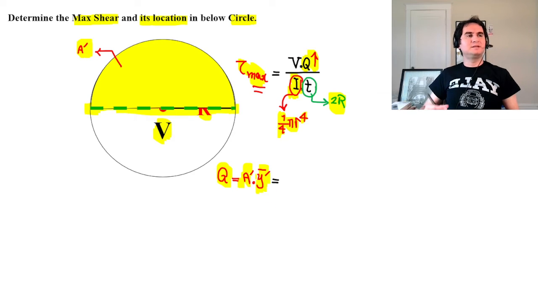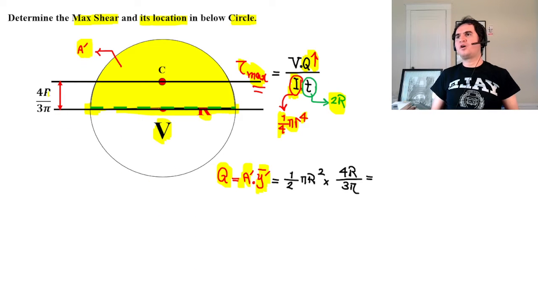So how about y bar prime? That's the distance of the centroid of a semicircle to the center. If you remember, that's 4r over 3 pi. If you plug in the area A prime, which is half of pi r squared, times 4r over 3 pi, and do the math, it gives you 2/3 of r cubed.